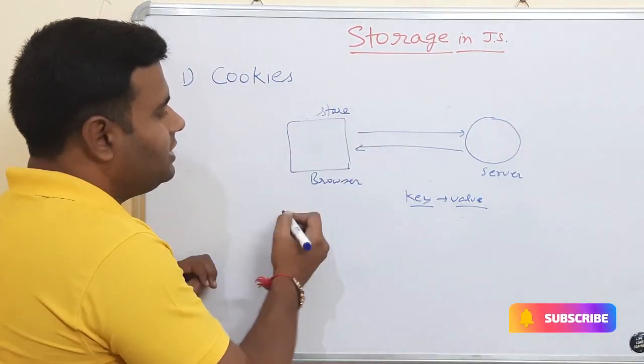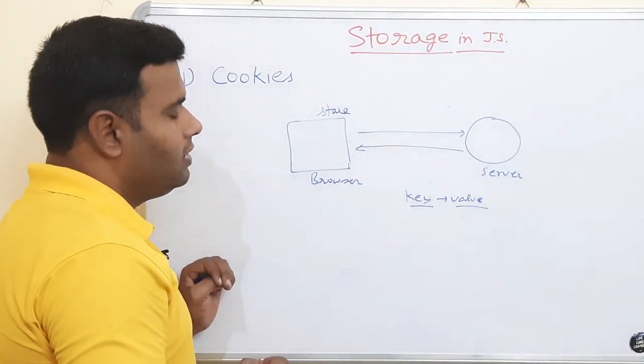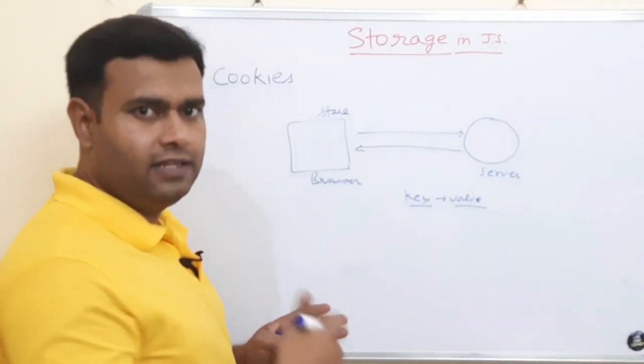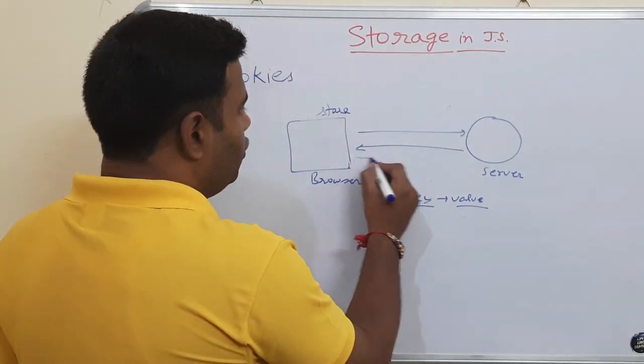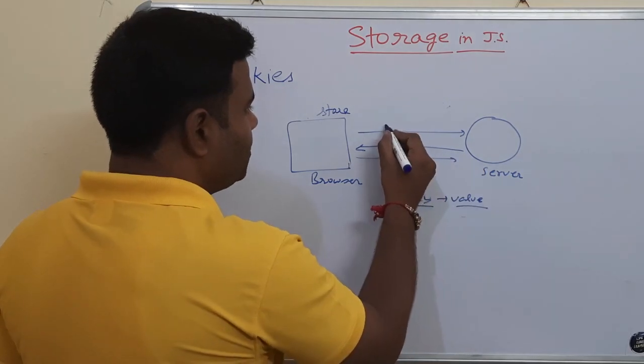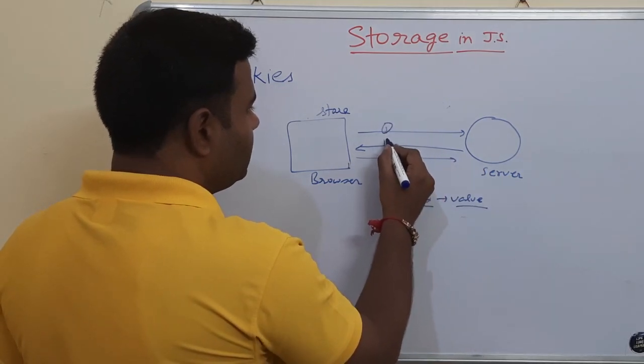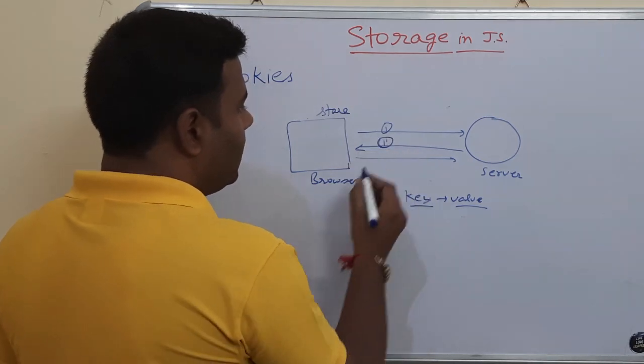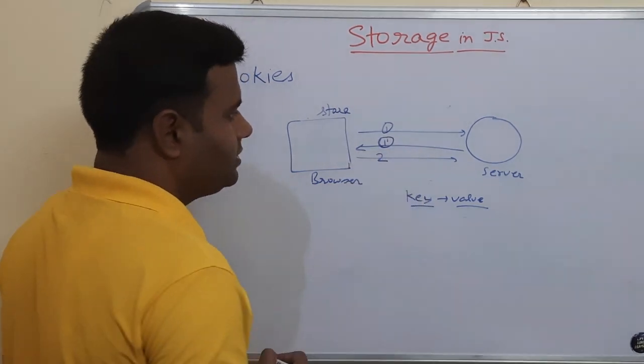Now these cookies are stored. Now on the second request, let's say on another page, you made the request. This is the first request and this is the first request response. So I have represented it with 1 dash. Now you move to the second request.